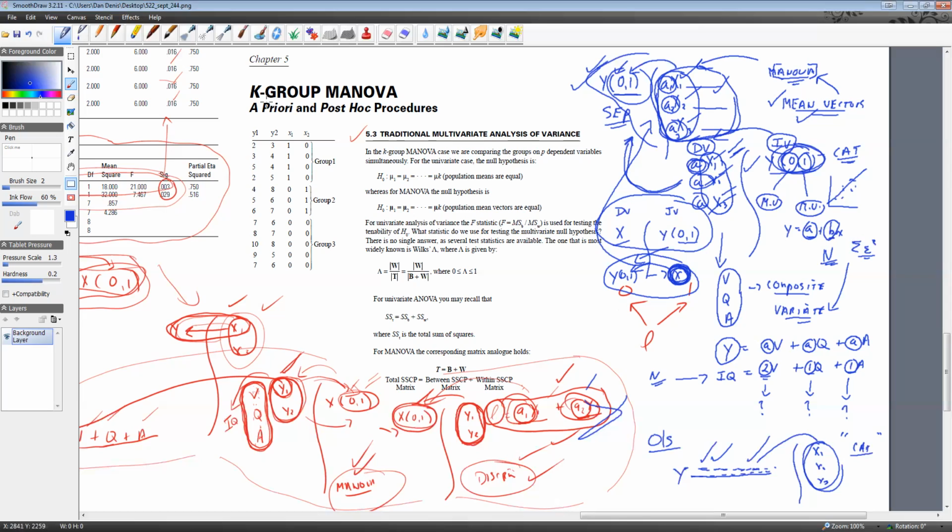But here we want to consider the situation of K-group MANOVA. So I'm going to just put the Y's here now. Then we have our X, and we have 0, 1, 2. We have K groups, 0, 1, 2.